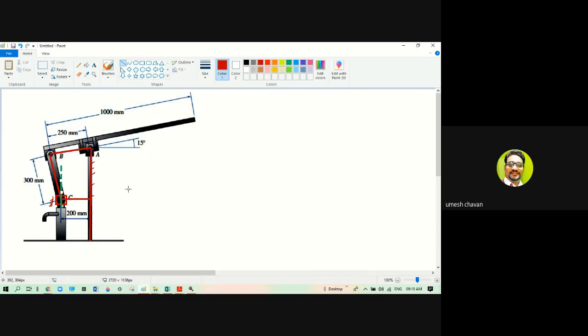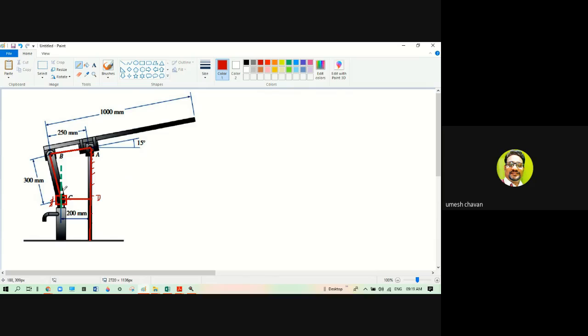See here, so this is the fix. I'm writing this as D point. This point is the D point.